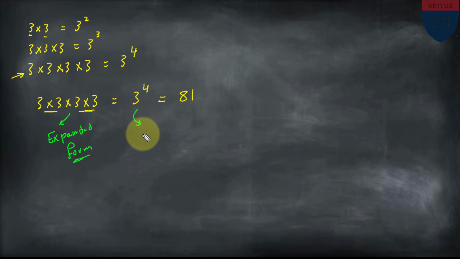The second form is called exponential form. And the final value is 81. We can write 81 as 3 raised to the power 4. 81 is called what? The standard form, or the evaluation value.